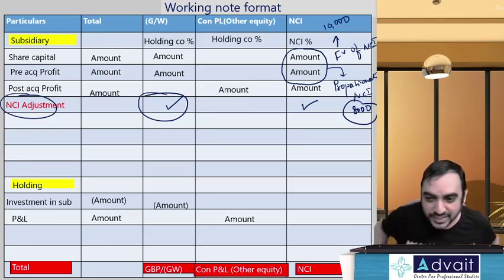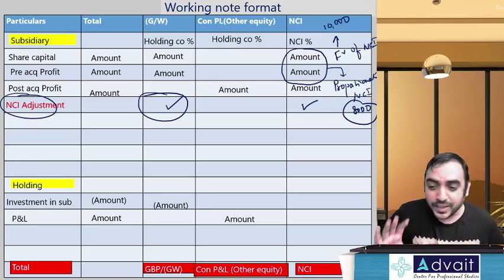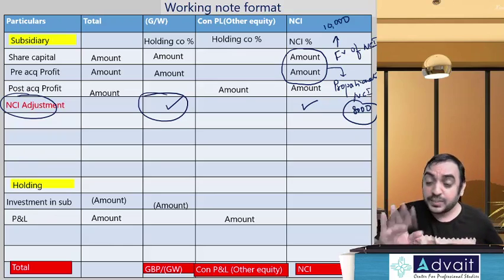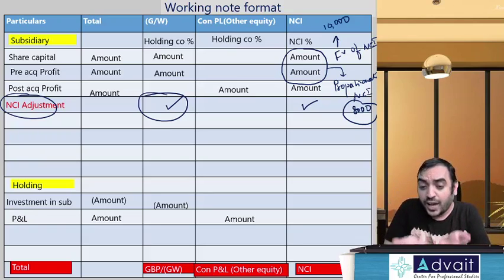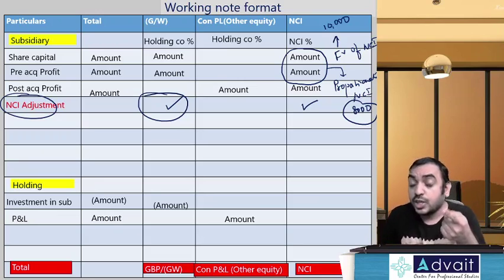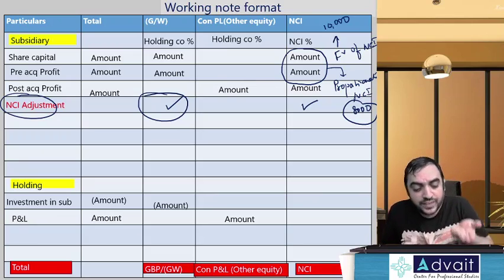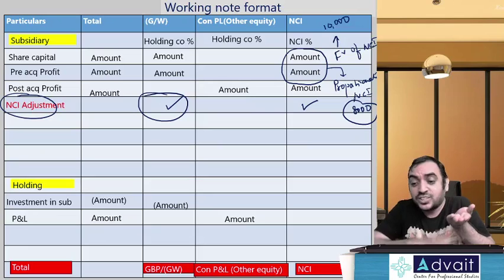I will tell you a method where you don't make mistakes, but I'll do that later. As of now, learn conceptually. When the fair value is high, as in this example, what will happen to goodwill? When my fair value of NCI is higher than the proportionate amount, the excess represents goodwill.